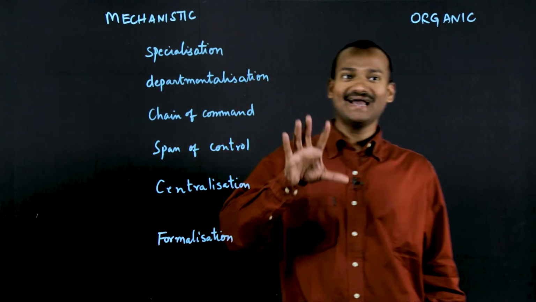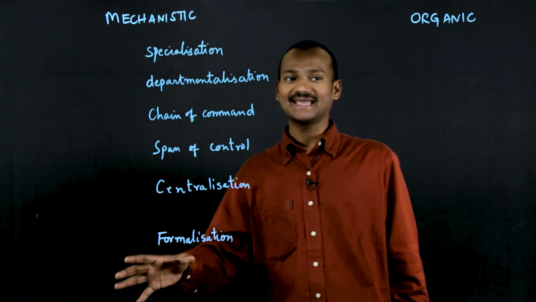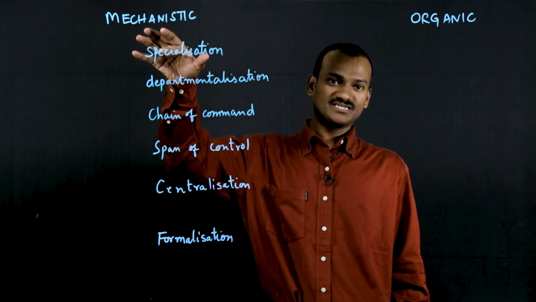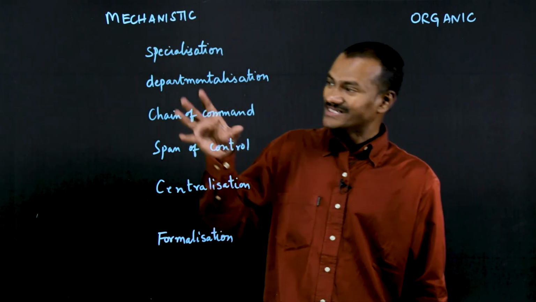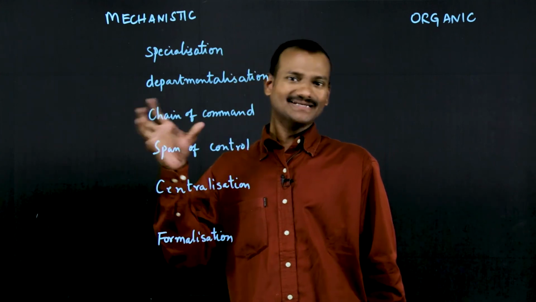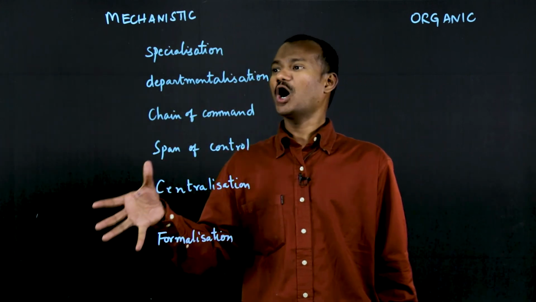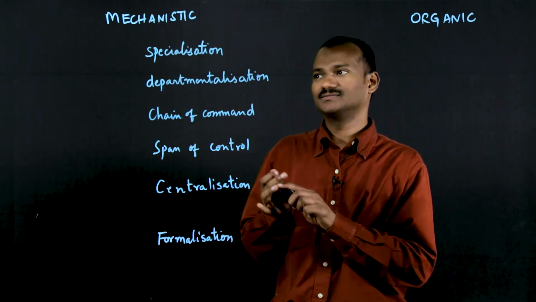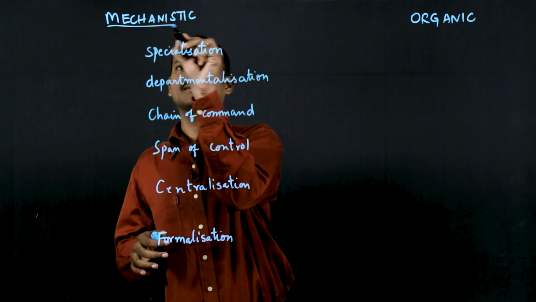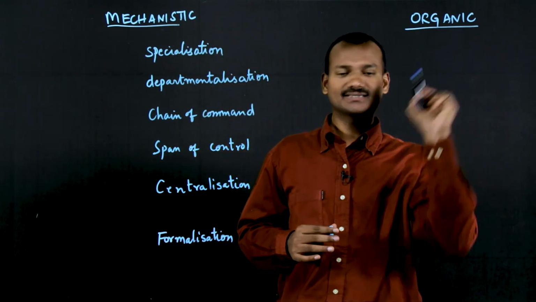The reason I have written the same terms again under this mechanistic structure is that now we need to rate either high or low under each of these categories, mechanistic and organic.